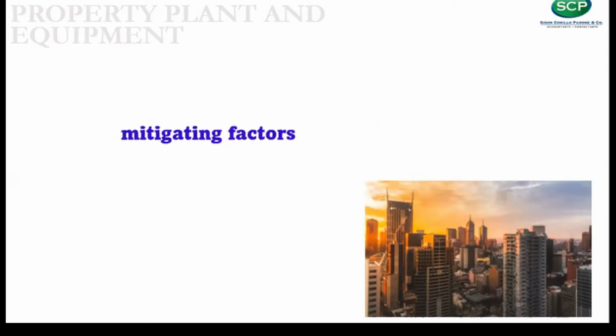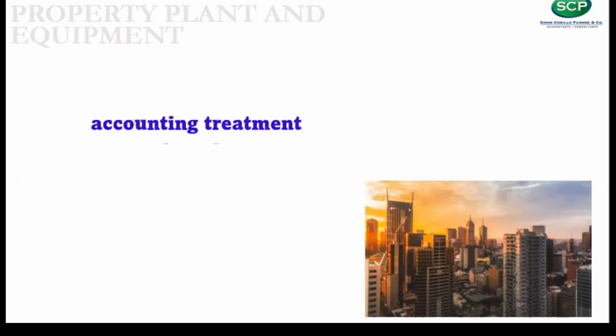These mitigating factors include, among others, the nature, physical size, and even the accounting treatment of the account. For example, the cost of fixed assets do not move as often as, say, inventories or receivables because acquisitions and disposals of these assets are not done regularly.